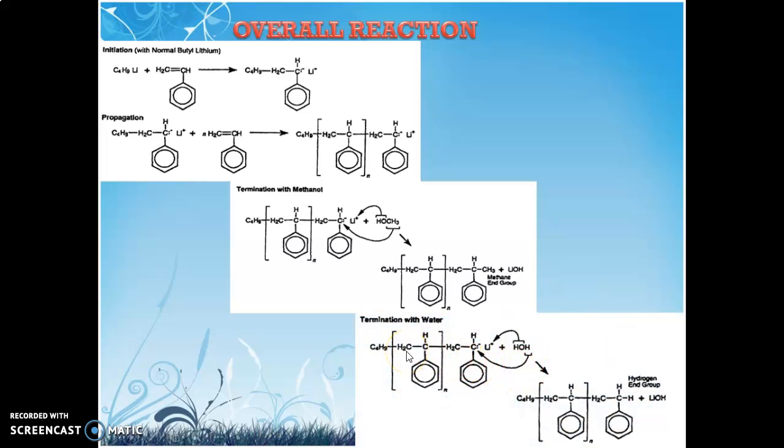Otherwise, if you want to terminate with water, same procedure, salin je balik, and H sahaja yang akan attack dekat sini. So dia mesti cukup 1, 2, 3, 4. Okay, 4 chain lah. Okay, jangan kurang. Mesti cukup 4.